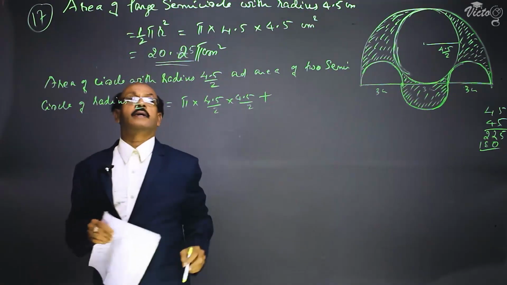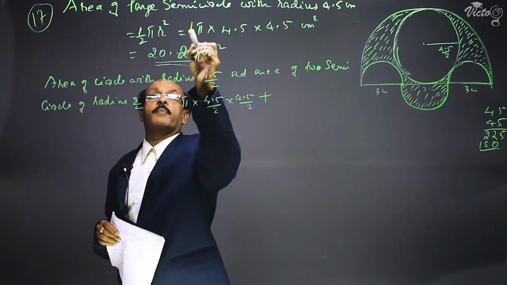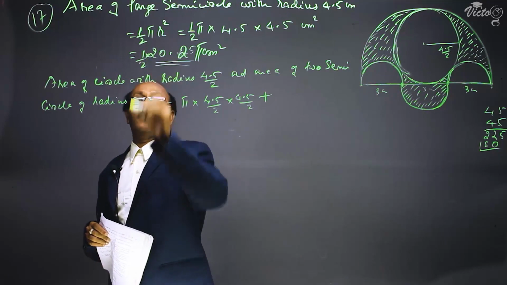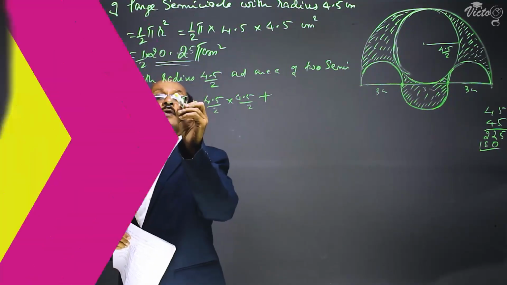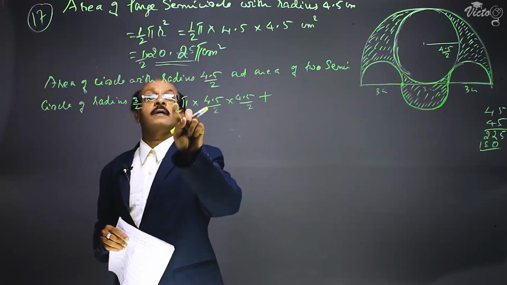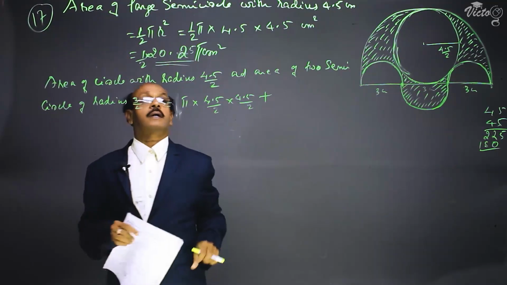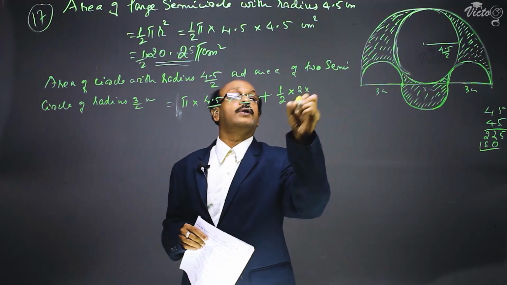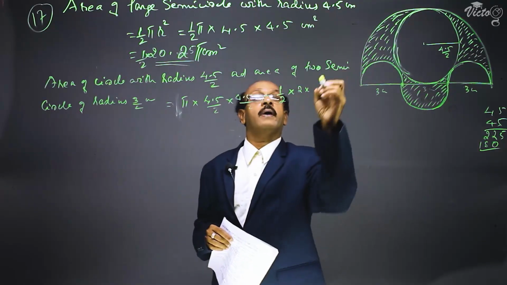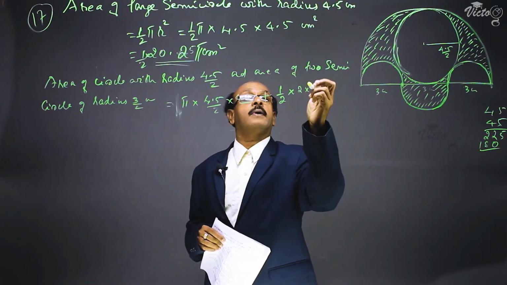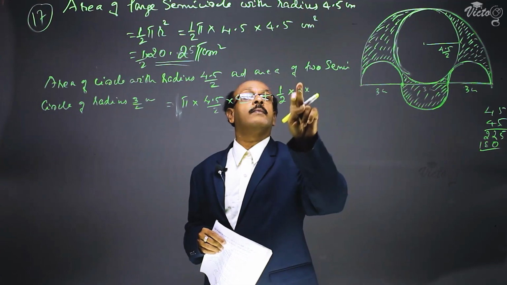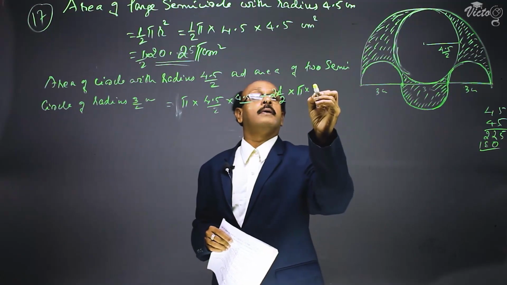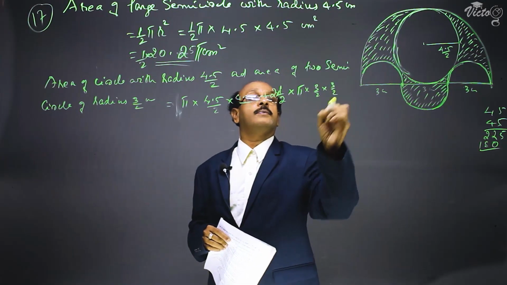area of large semicircle, which is equal to half pi r square. It is not a circle but it is a semicircle, therefore it is half pi r square. Area of circle and two semicircles, so half into 2 into pi r square, 2 into half pi r square, 3 by 2 into 3 by 2.